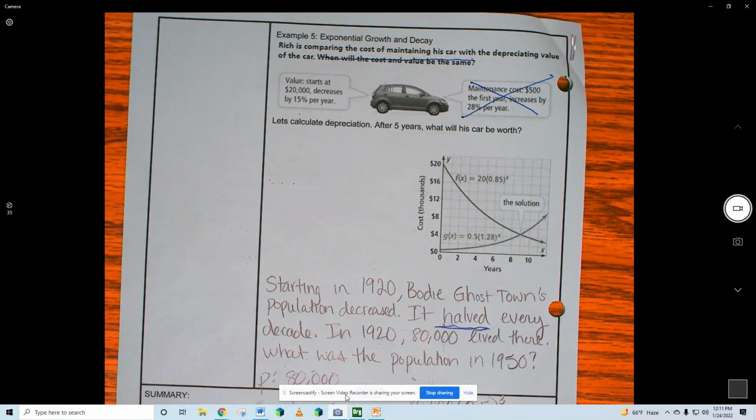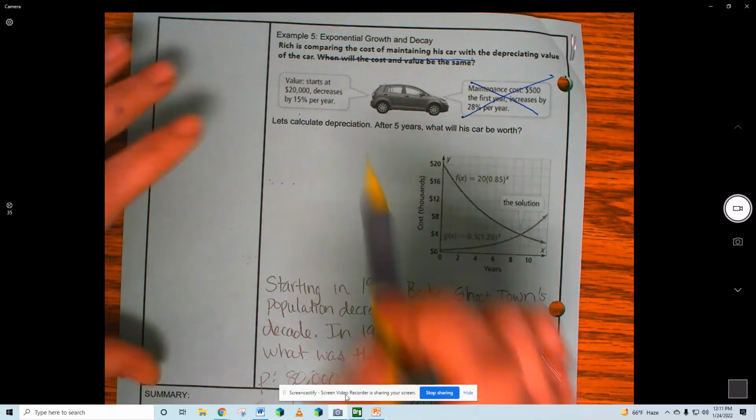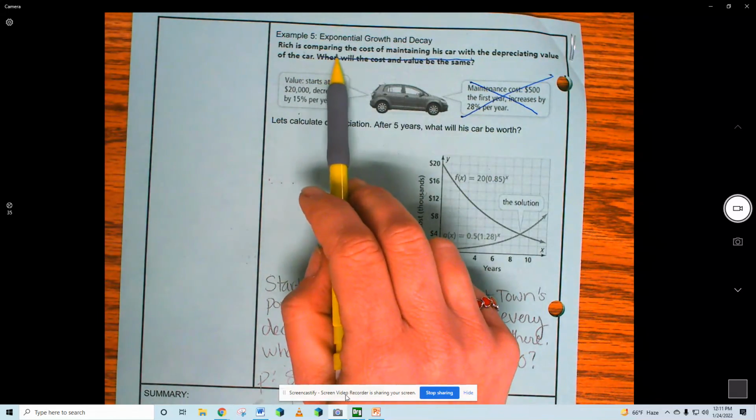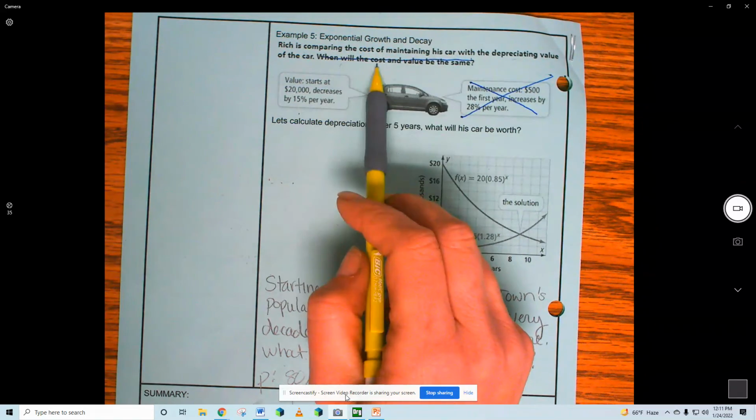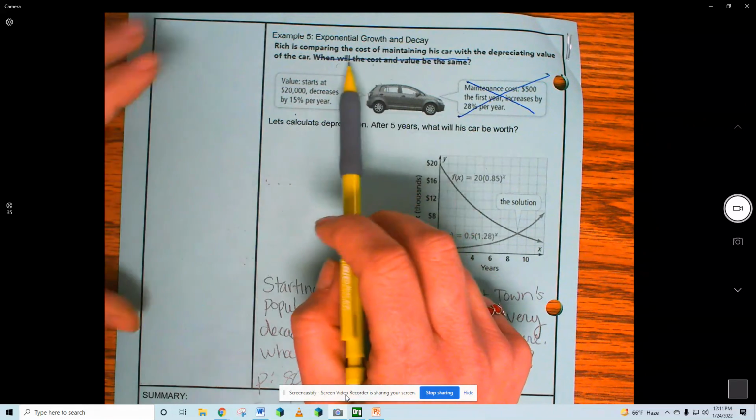It's called depreciation. The value of the car isn't the same because it now has lots of miles on it. You're going to experience that when you have a car for many years, it will be worth less money. Rich is comparing the cost of maintaining with depreciation. We're just worried about depreciation.